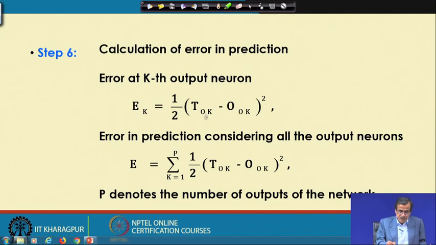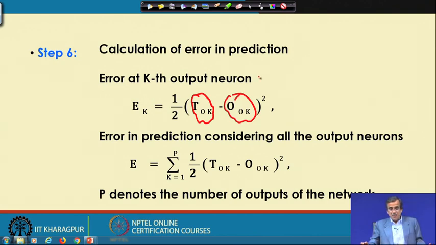Now, here T_Ok is nothing but the target output of the kth neuron lying on the output layer, and O_Ok is nothing but the calculated output of the kth neuron lying on the output layer. So, this difference, T_Ok minus O_Ok, is going to give some sort of deviation or error.